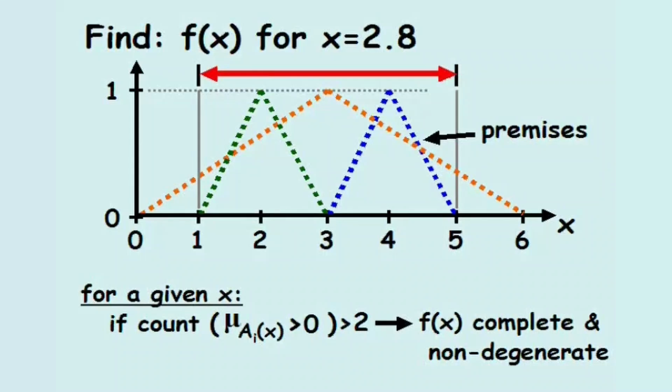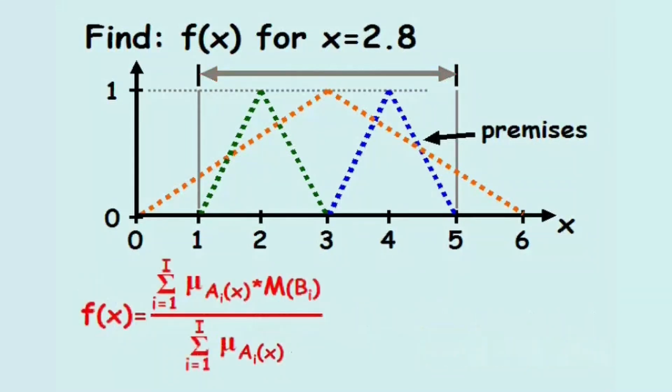Within this range, the defuzzified response f of x follows a unique curve for different subranges of x. These subranges are delineated by change in any one of the fuzzy premise functions, mu ai of x.